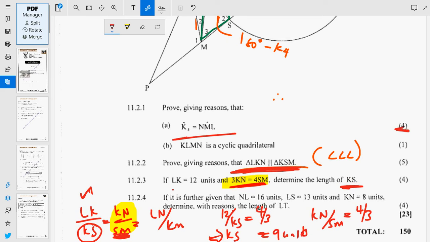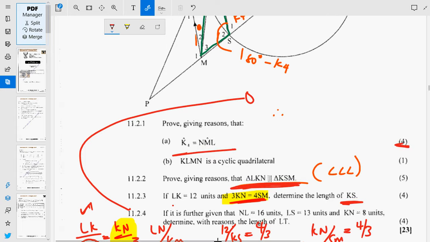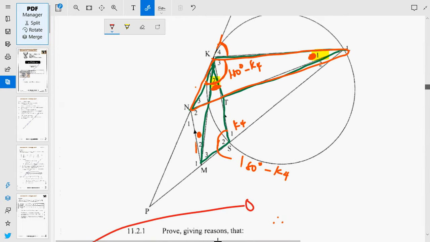And now on to the last question, which I think was even more demanding. Now, they give you the length of NL. They say it's 16 units, right?